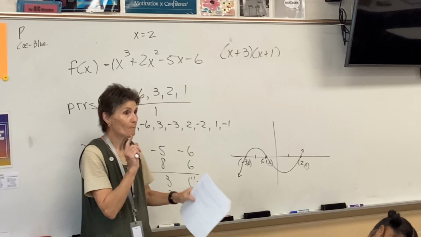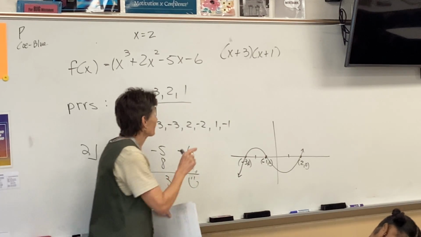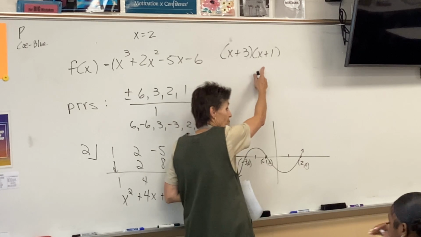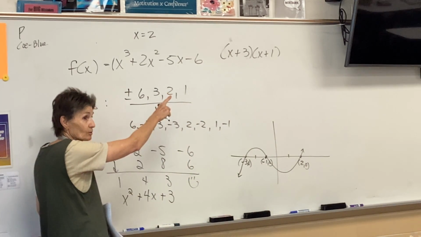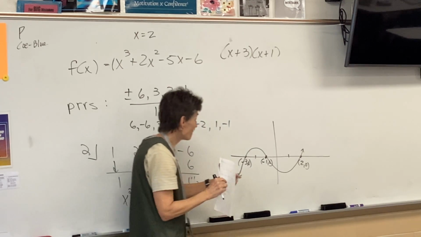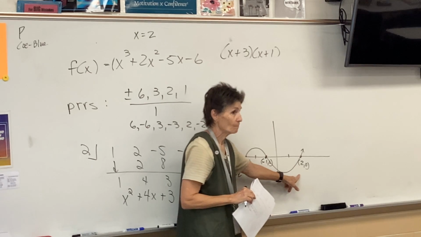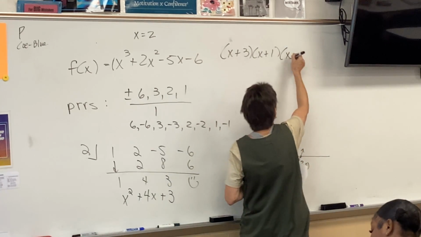Now, question B says find the factors. Here are 2 of the factors. Remember, you factored this. Those are 2 of the factors. What is the third factor? Remember, you put a dot at 2. What factor is that? X minus 2.